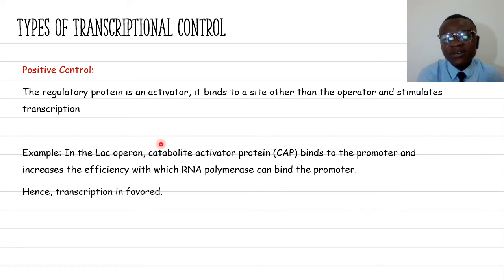However, in the presence of this catabolite activator protein, it helps in the efficient binding of the RNA polymerase, thereby facilitating the process of transcription. Let's move on so you can see better what I mean.